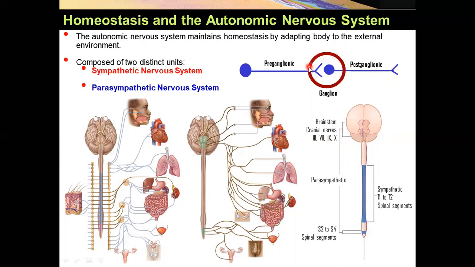Nerve fibers from this ganglion connect with internal organs. Most of the ganglia for the sympathetic nervous system are located just outside the spinal cord. These are the paravertebral ganglia.